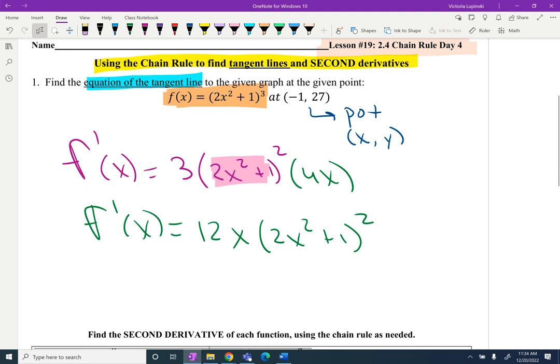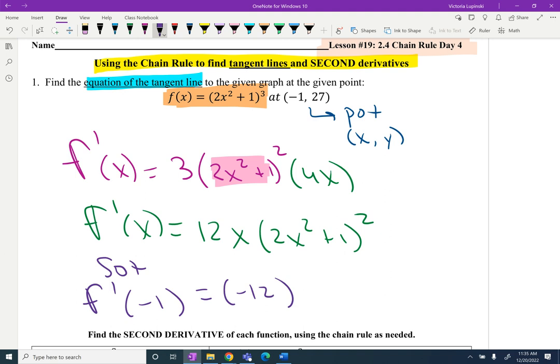In order to now find the SOT, you are going to find the value of the derivative at negative 1. So in that equation, everywhere there's an x, you're going to put a negative 1. So that's going to give me a negative 12 on the outside because 12 times negative 1. Inside, this is 2 times negative 1 squared plus 1, the whole thing squared.